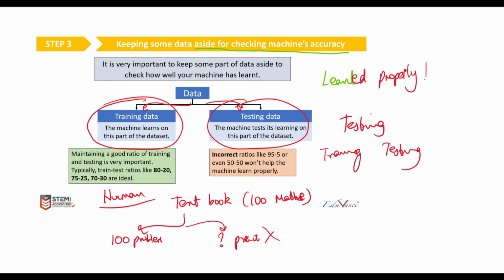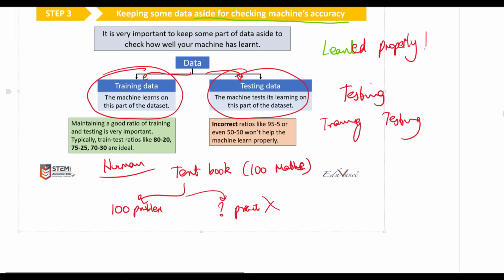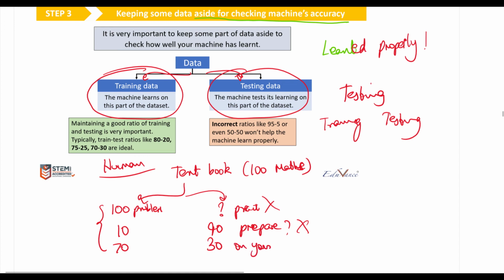Answer is no. If you read 10 problems and you practice 90, do you think you will be able to prepare better? Answer is no. So you want to try at least 70 problems by reading them and practicing 30 problems on your own, so that you know based on these 30 problems what are your chances of getting a good score.